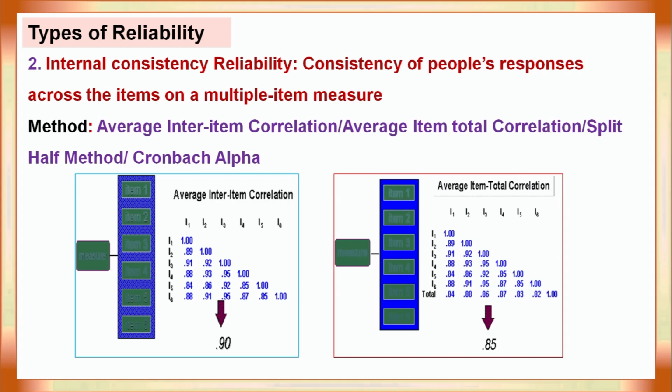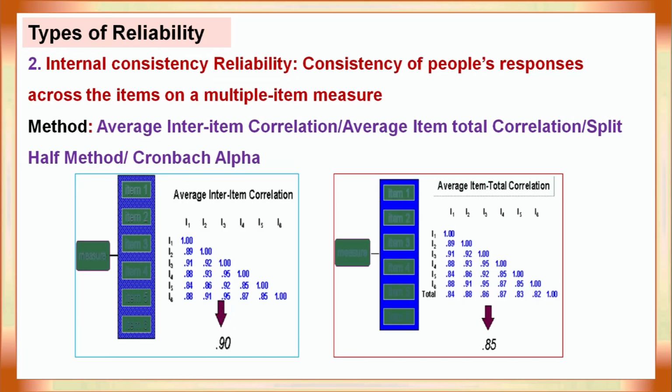If you calculate the correlation between the items' responses across all respondents, then if the items are similar, the response pattern of the respondents will be similar. That can be found by calculating the inter-item correlation.